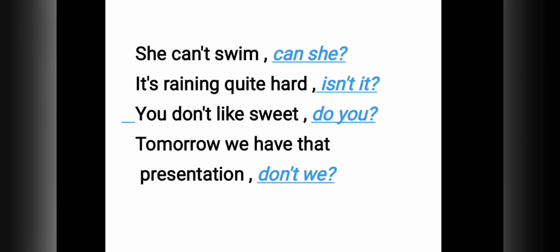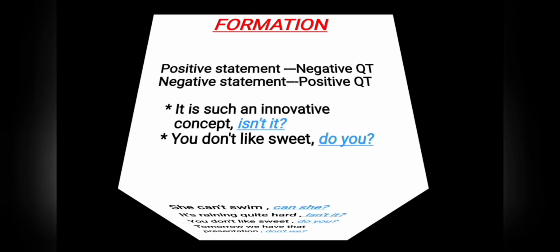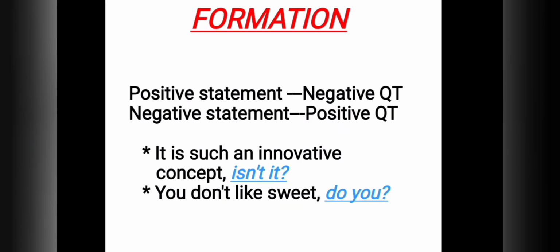So now let's see how we form a question tag. The formation of question tags. We usually have a positive statement and a negative tag, or we have a negative statement and a positive question tag. See the example. It is such an innovative concept, isn't it?